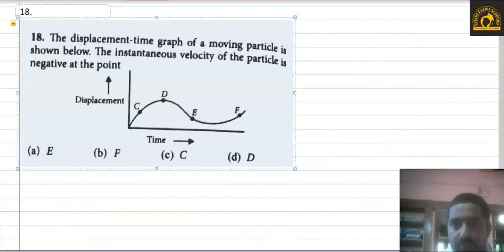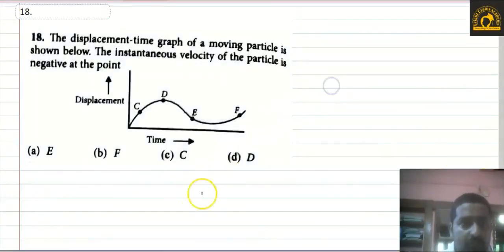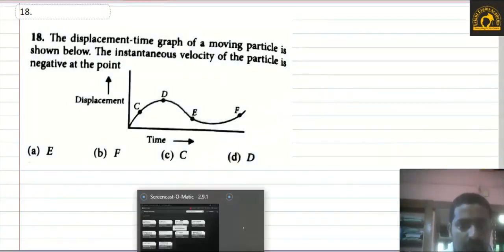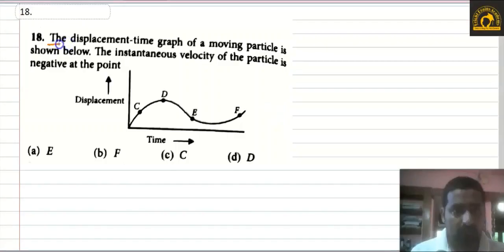Question number 18. The displacement time graph of a moving particle is shown below. The instantaneous velocity of the particle is negative at which point? Okay, so let's see the solution.